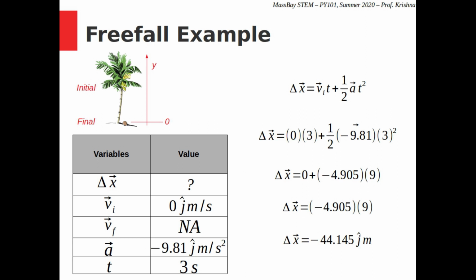Half of negative 9.81 is negative 4.905, multiplied by 3 squared. Solving, we get negative 44.145 meters. So the coconut was displaced. In other words, the coconut tree must therefore be 44.145 meters tall.